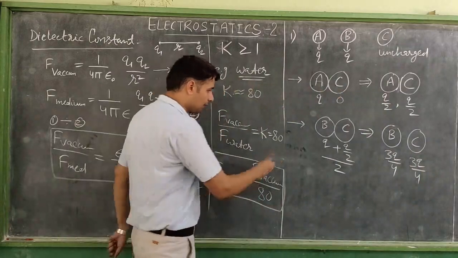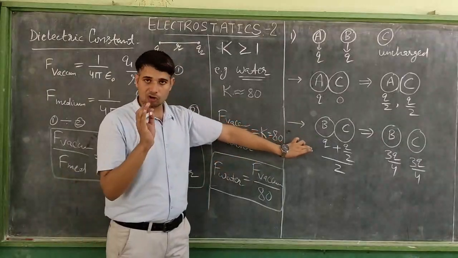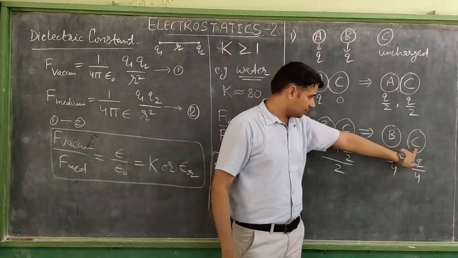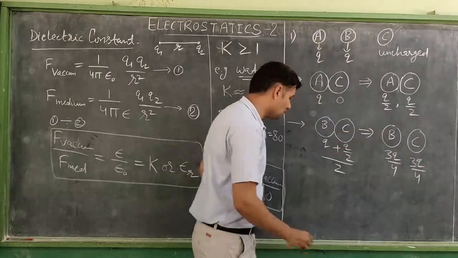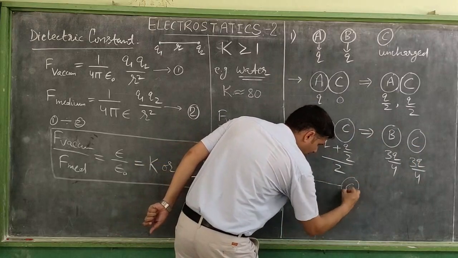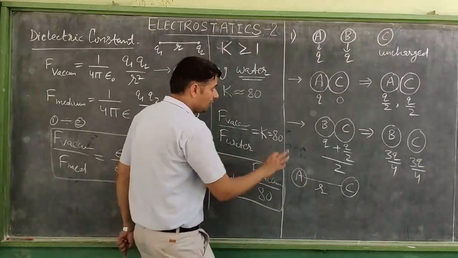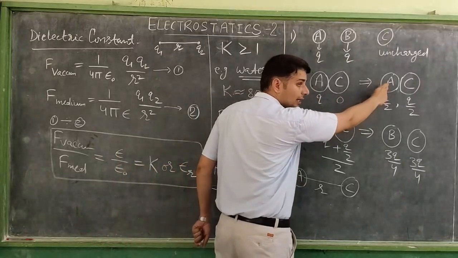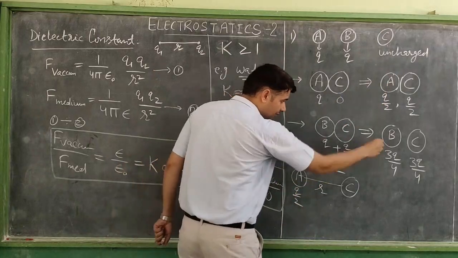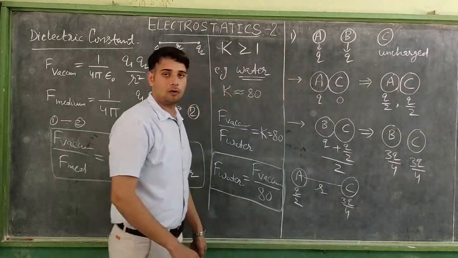And sometimes they ask to calculate the Coulombic force, the electrostatic force, between metal sphere A and this final metal sphere C. Let me separate metal spheres A and C by a small separation r. A finally has charge Q divided by 2, and C has charge 3Q divided by 4.